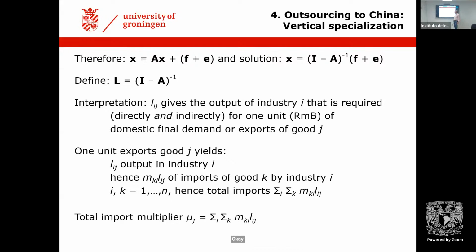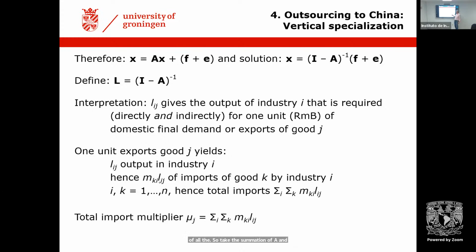But I'm not so much interested in the import of good k only. I'm interested in all the imports. And I'm also not interested in only imports of industry i, I don't care which industry imports what. I want to have the import of all industries. So I take the summation over i and k.